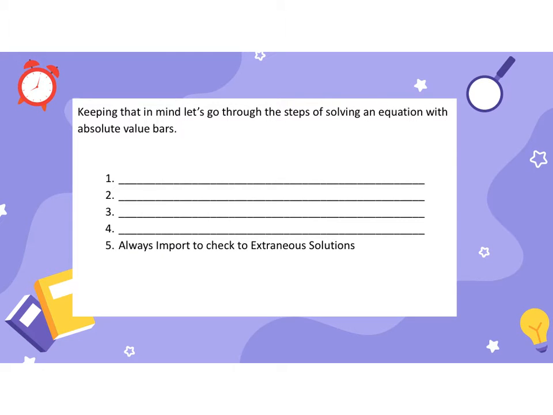Okay, so now we're going to talk about how to solve an equation that has absolute values. So it's going to be very similar to solving a regular equation, but with some added steps. So the first step is just to isolate the absolute value. Just like our goal of solving a regular equation is to isolate x, we are isolating the absolute value first. And then we just go from there.